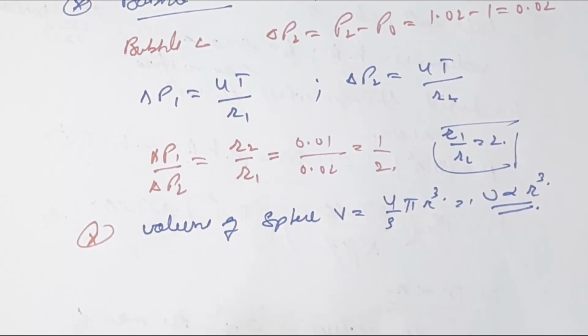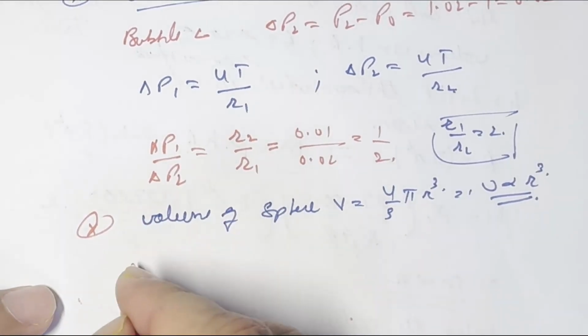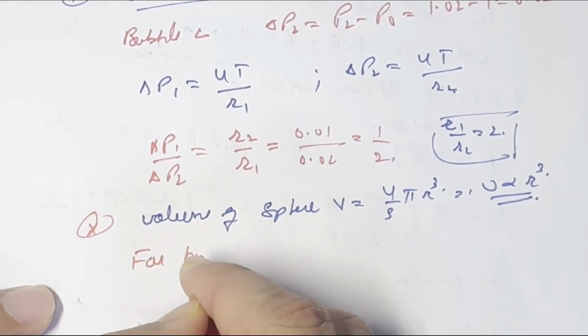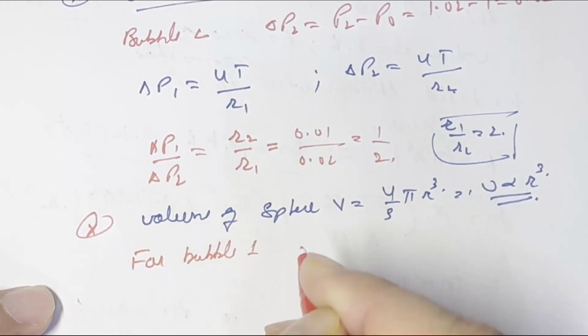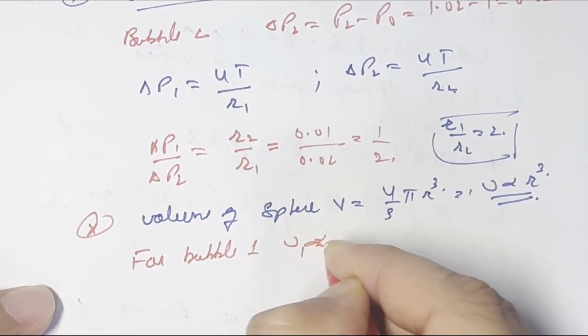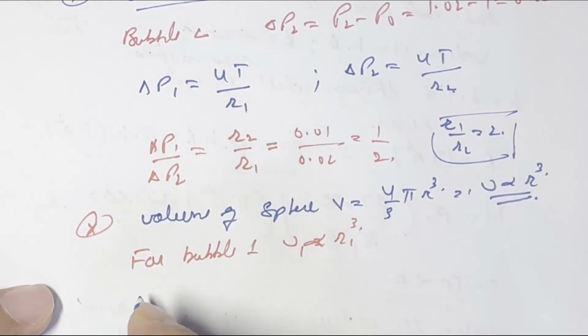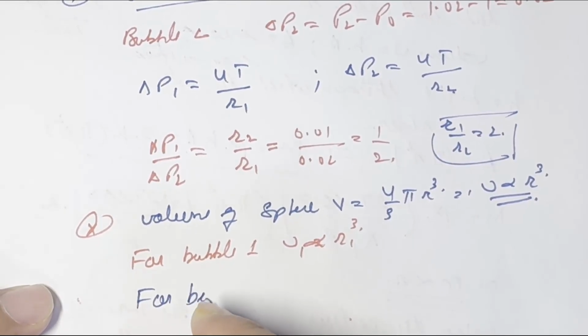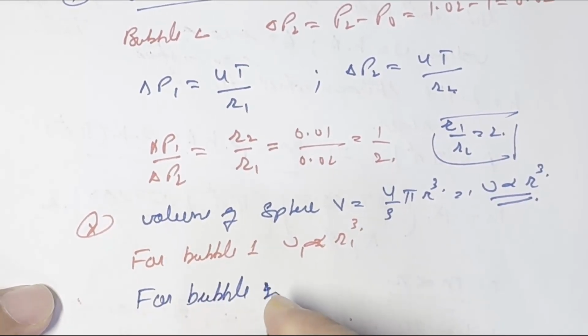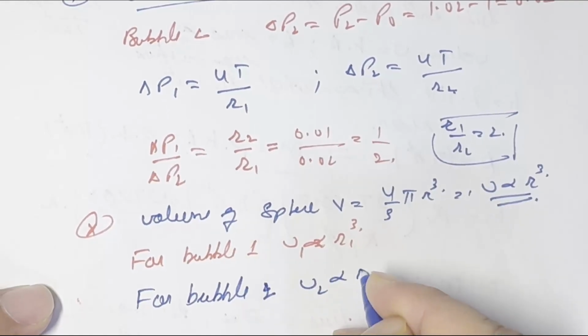Therefore for bubble 1, V1 is directly proportional to R1 cube, and for bubble 2, V2 is directly proportional to R2 cube.